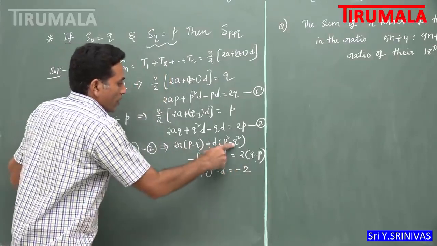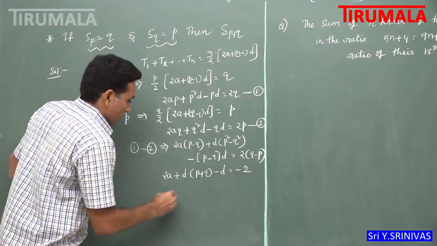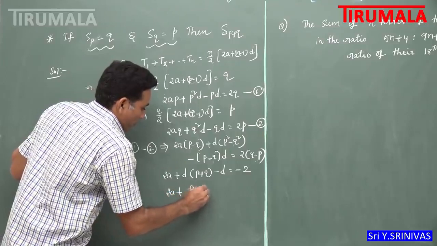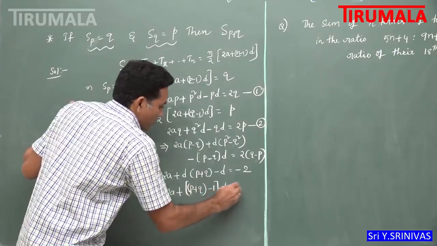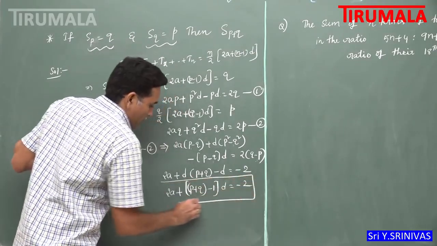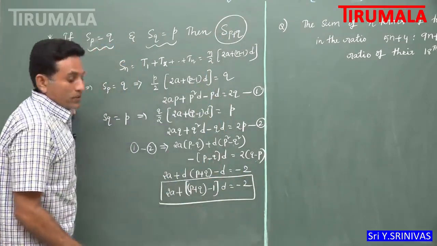P minus Q is the common factor on both sides, so 2a plus P plus Q minus 1 into d equals minus 2. Now what is required? Required is the sum of P plus Q terms.